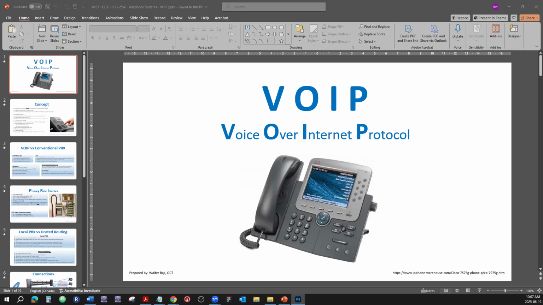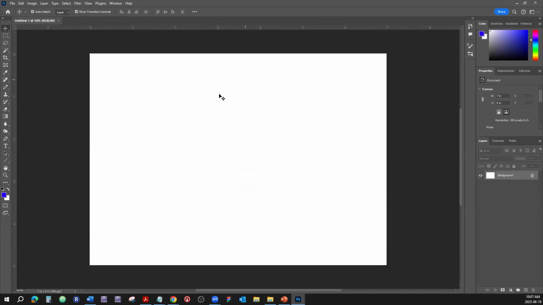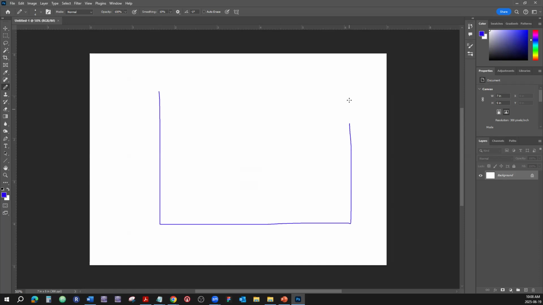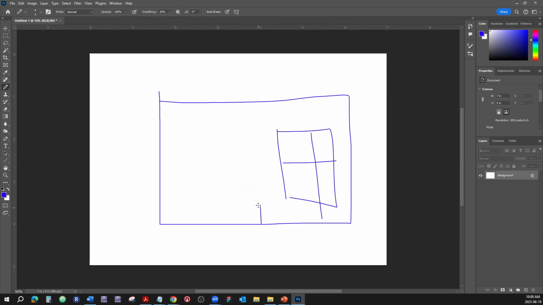Here would be a building, with a bunch of offices, maybe a production line, and here's the thing here.